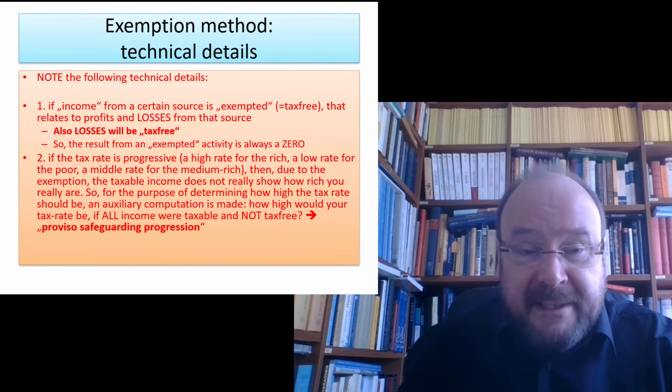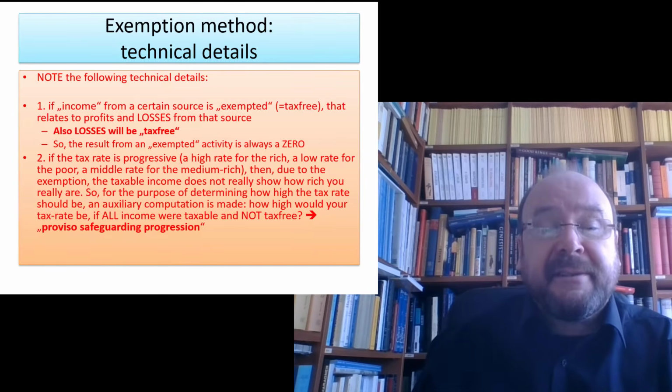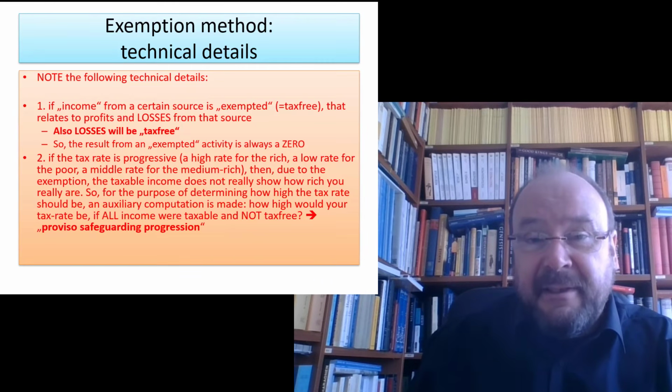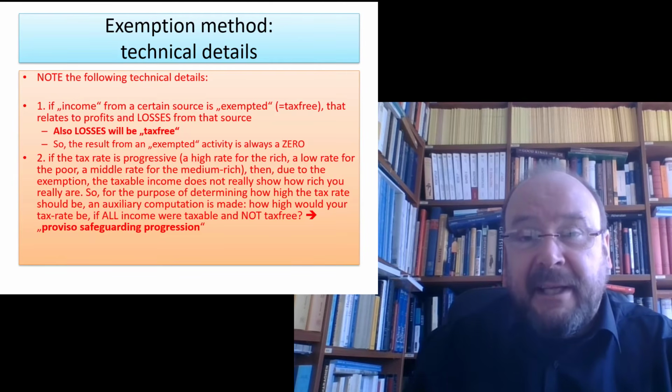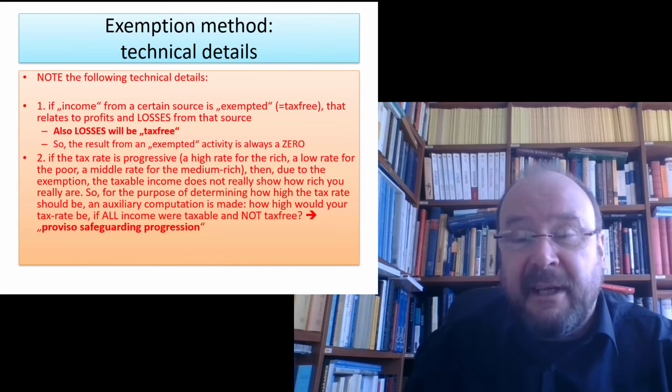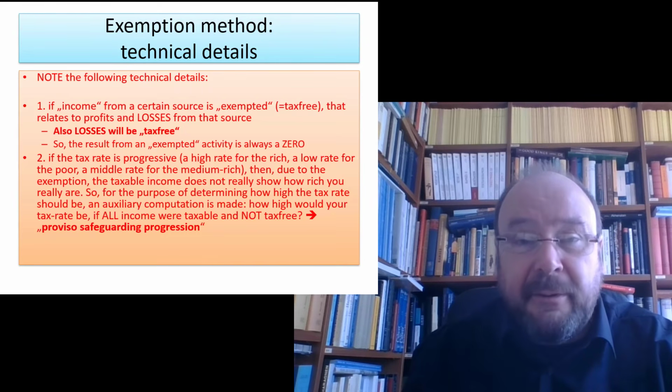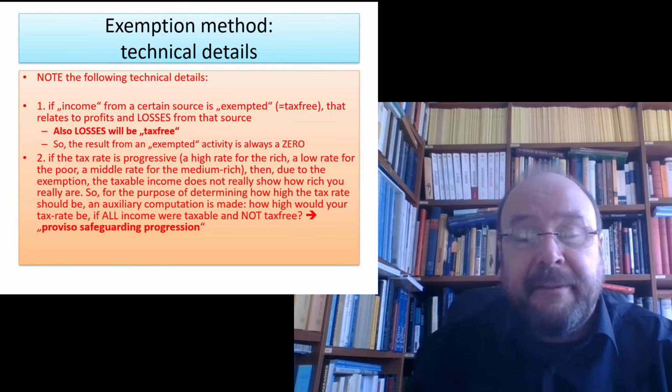Now, let's go further to the technical details. What does it mean if a certain activity is exempted under the exemption method? Then the income will be exempt, so tax-free. Now the income is either a profit or a loss. A loss is nothing else than a profit with a negative sign.